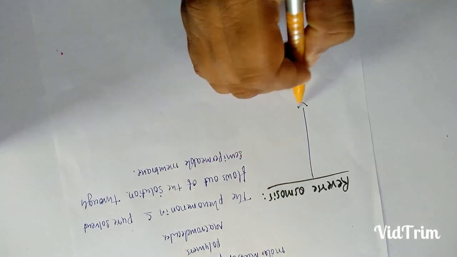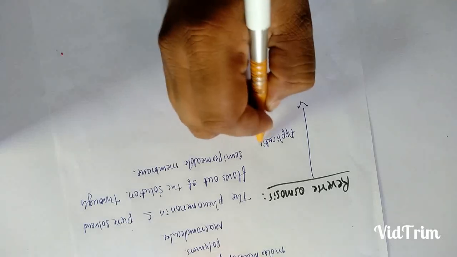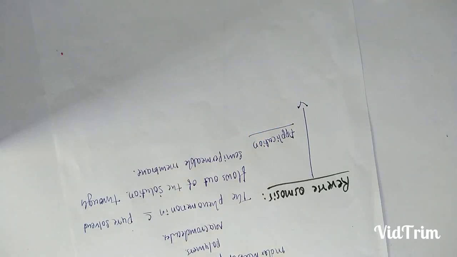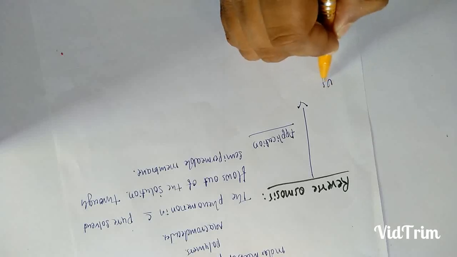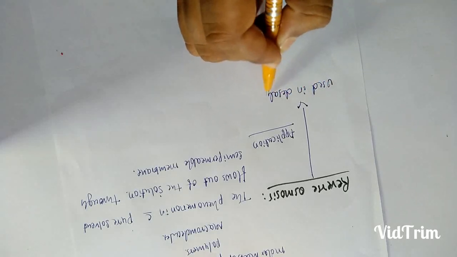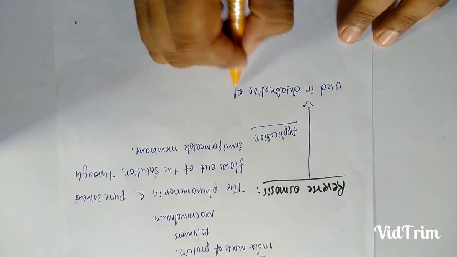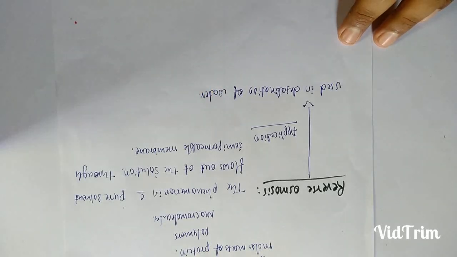And application of reverse osmosis is: reverse osmosis is used to purify the saline water, or you can say it is used in desalination of seawater.